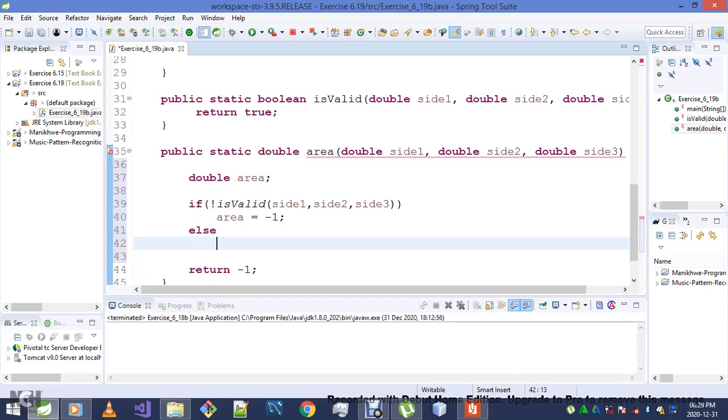The formula simply says we have a variable called s, double s, which is side 1... not an average, it's half the perimeter. So side 1 plus side 2 plus side 3, we divide all of that by 2.